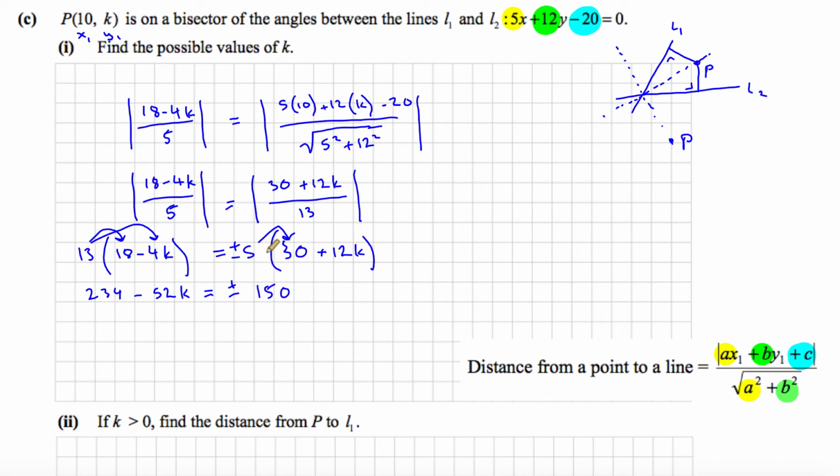So here actually, we'll do it with plus first. We'll do them one at a time. It's probably the easiest way. So we're going to take positive first here. If this is a positive 5, it's 150 plus 60k.